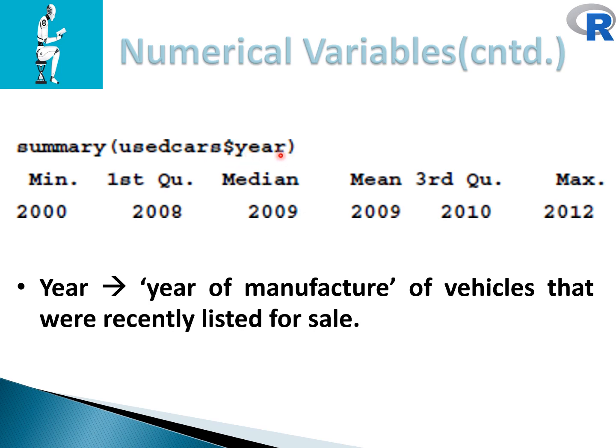Year is the attribute name. To access year from usedcars, you have to use the dollar symbol. So usedcars$year gives the summary of the corresponding data. Here year means the year of manufacture of vehicles that were recently listed for sale.